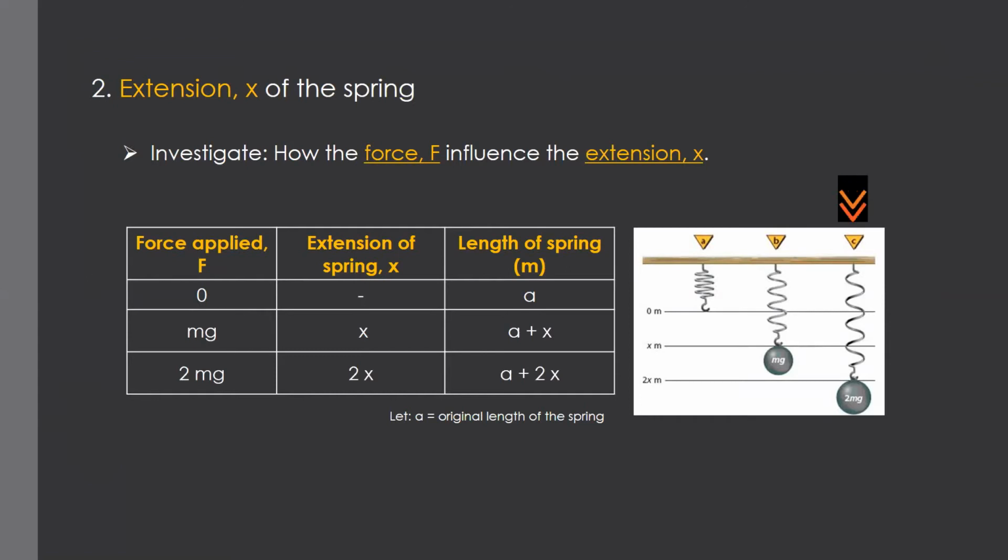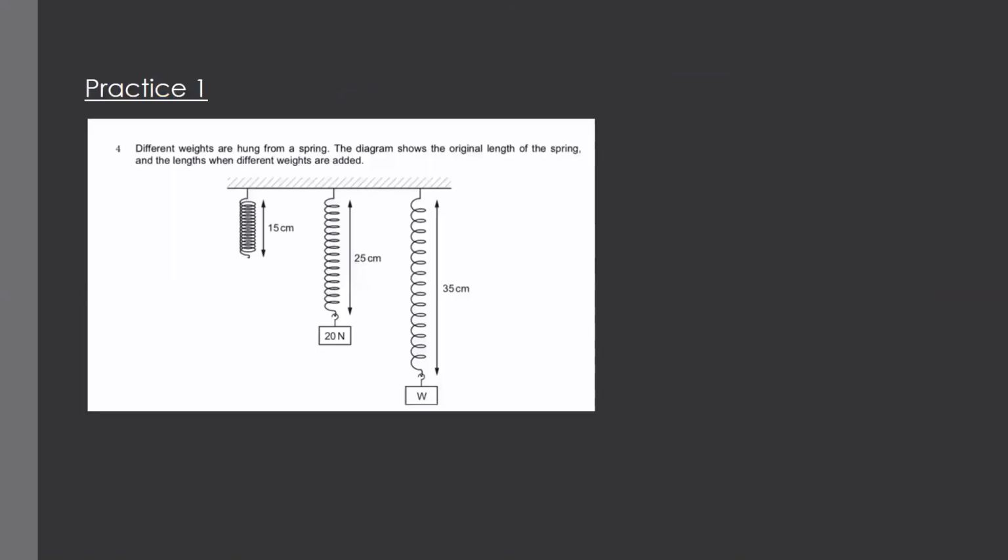Do you guys understand the concept so far? Let's see a practice to be familiar with this. In this practice, we can see there are three springs, two of which are being stretched by a load. The spring without any load shows the original length of the spring.